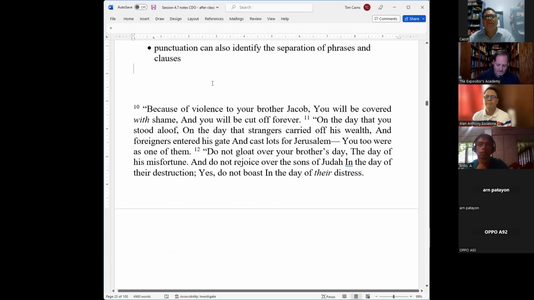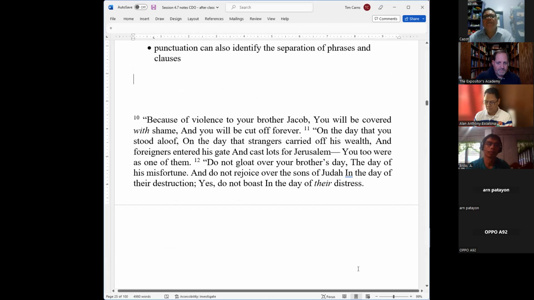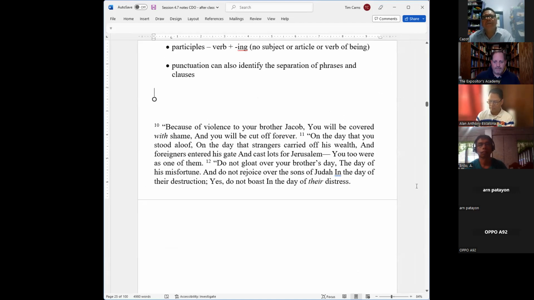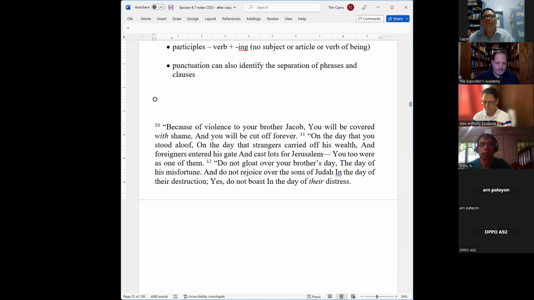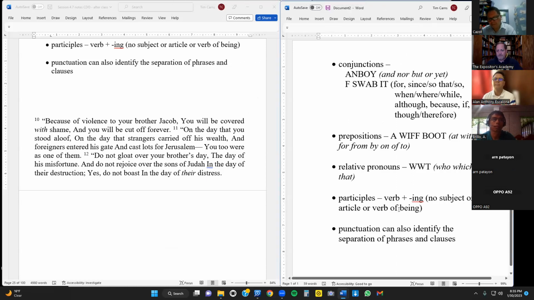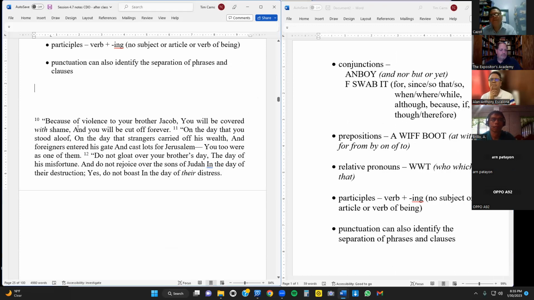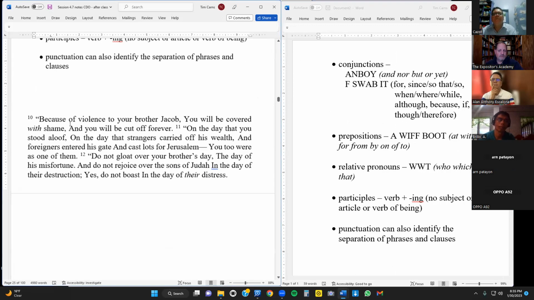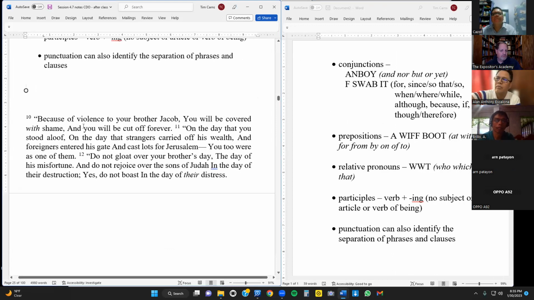Okay, so I'll leave this up, and then I'll put the common connector words next to it. All right. Hopefully you can see both of those there. Okay, so go ahead and take a few minutes and identify the connector words.